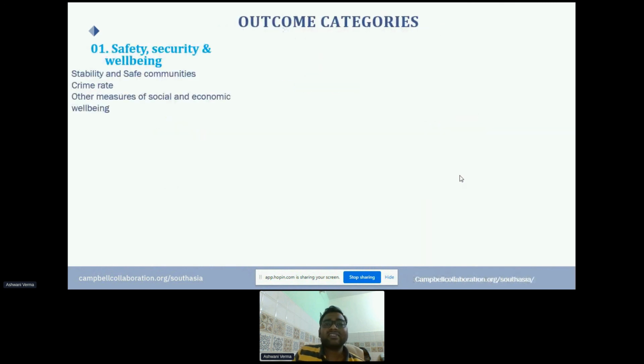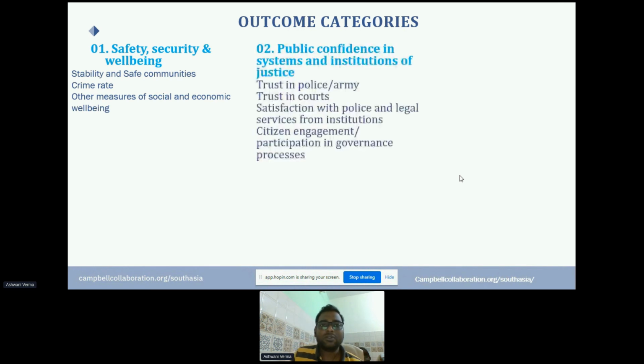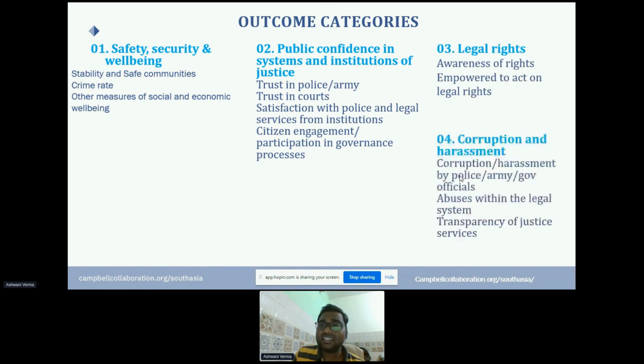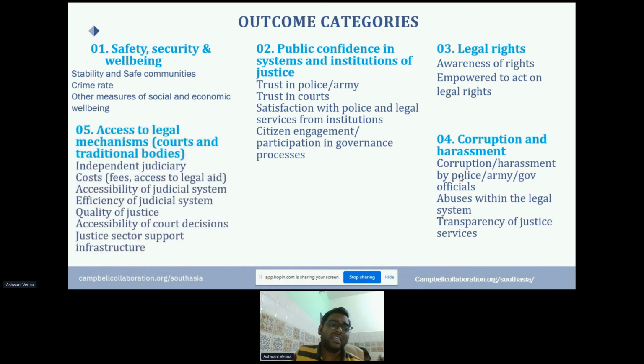Then we have outcome categories, and outcomes were measured in terms of safety, security, and well-being. These are the subcategories we have taken as outcomes. We have public confidence in the system and justice institutions, legal rights, corruption and harassment level outcomes, and access to legal mechanisms, courts, and traditional bodies.